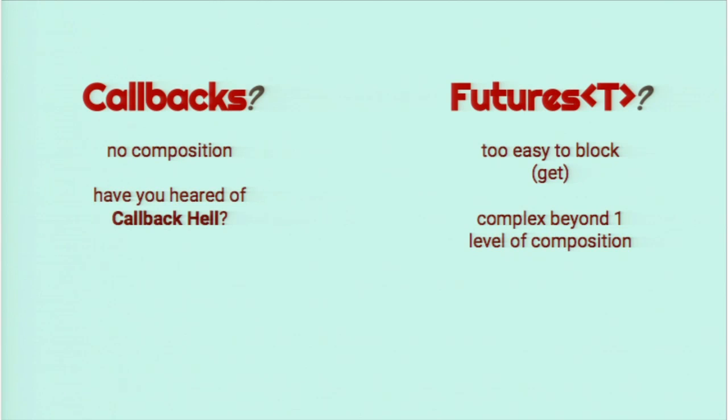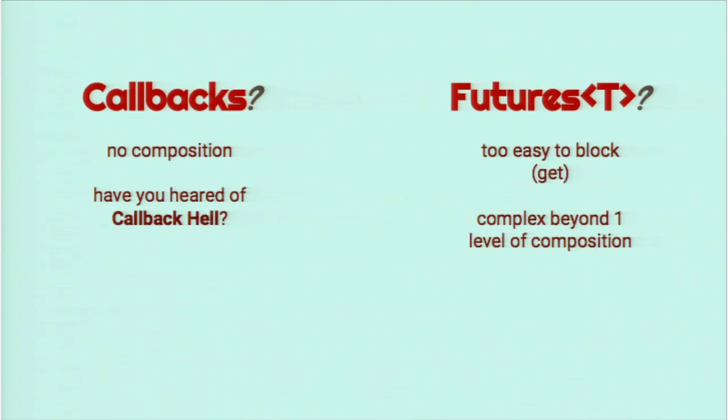Futures, let's talk about futures first. It's far too easy to revert back to a blocking behavior with futures. The first thing you are tempted to do when you use a future is just call get, and then boom, you're blocking again. And of course, beyond one level of composition, futures start to show their limitation.